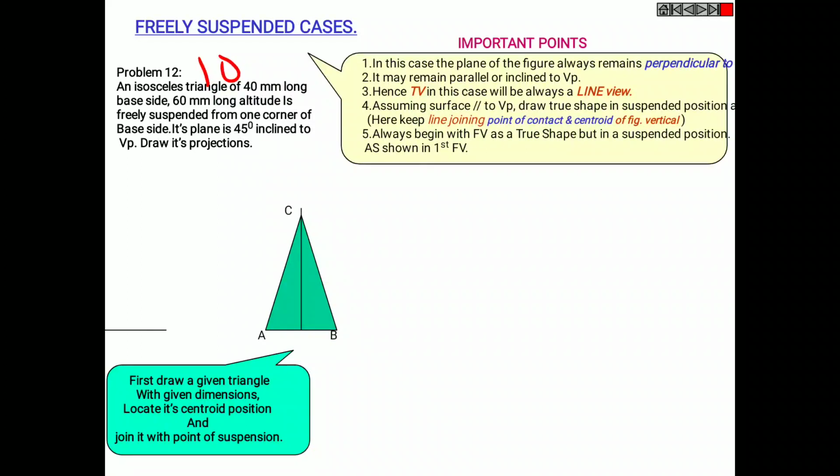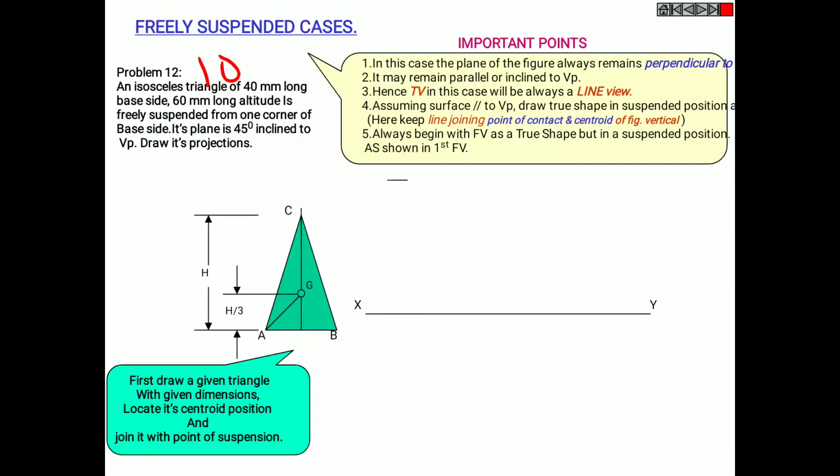So this is your required triangle. This is your required height. With G, the point is at h by 3.